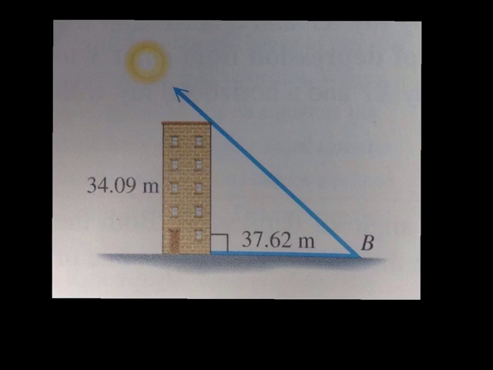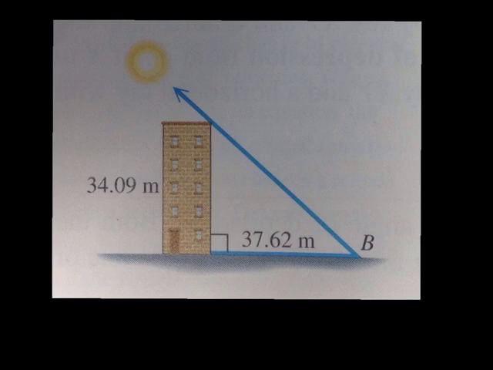Let's look at the next example that they give here. Let's jump to example number 4, and I'll get you a picture of that. Okay, so what we have here is the length of the shadow of a building. The height of that building is 34.09, and the length of that shadow is 37.62 meters. We want to know the angle of elevation to the sun.